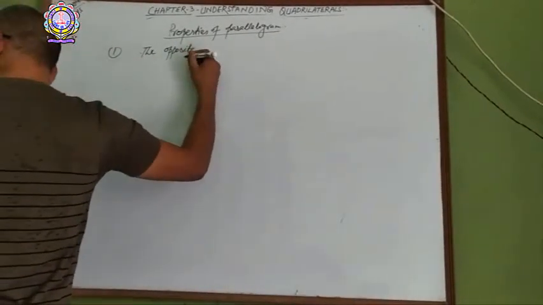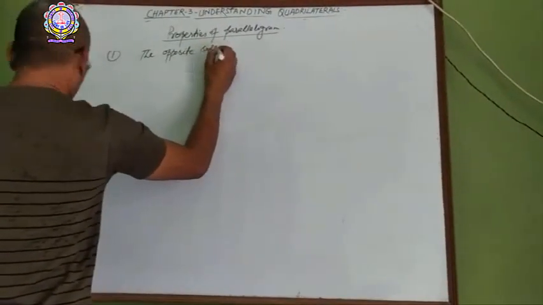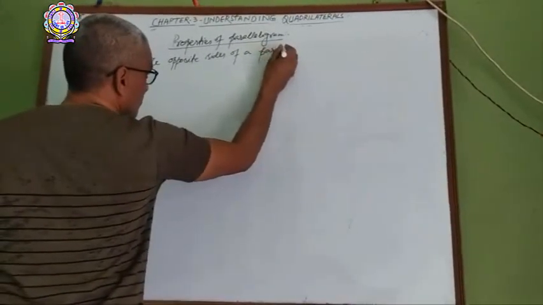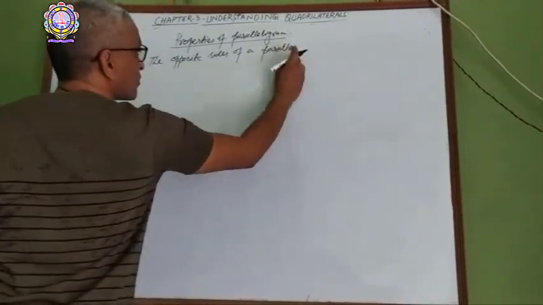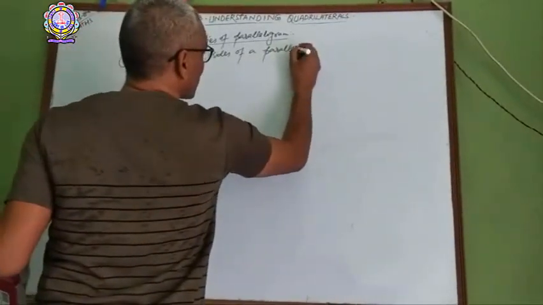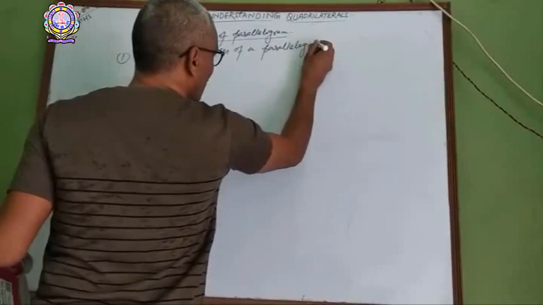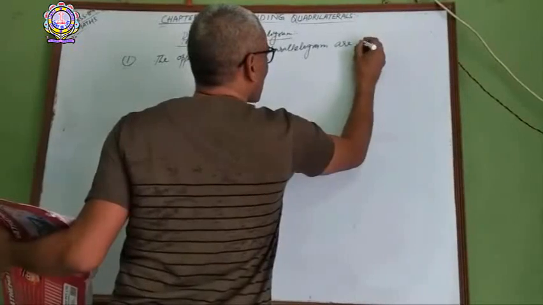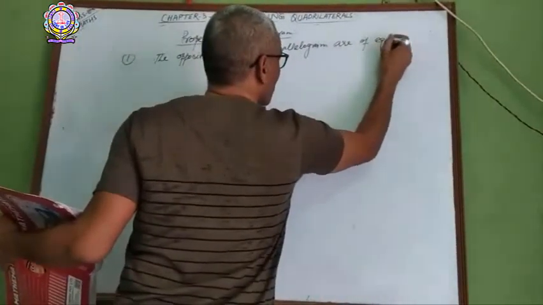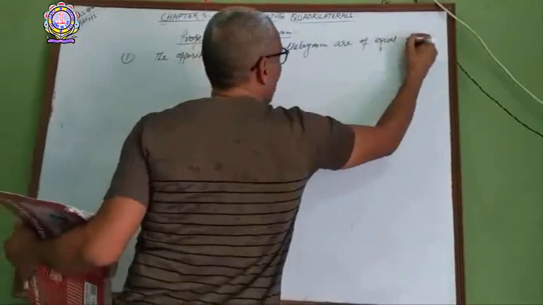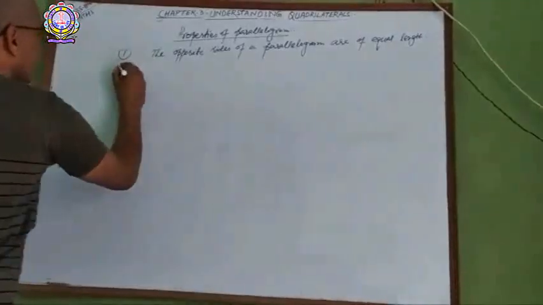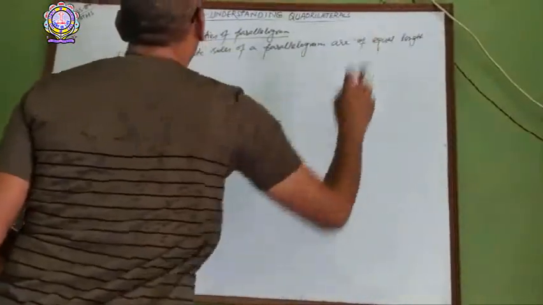Opposite sides of a parallelogram are of equal length.